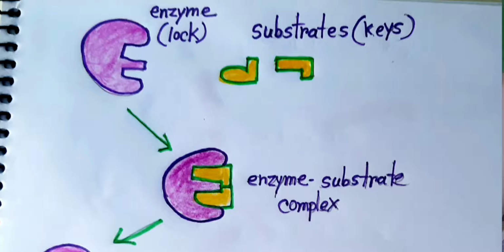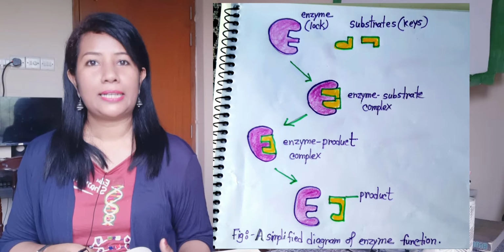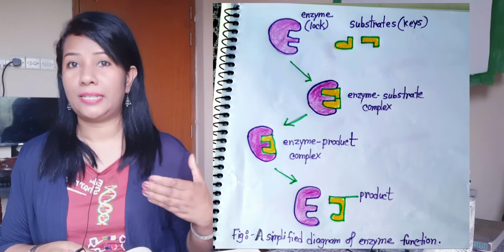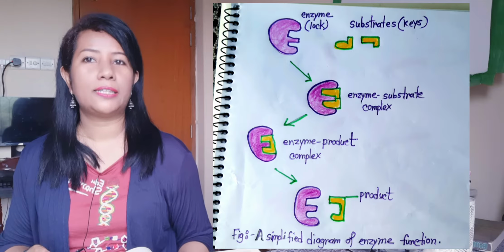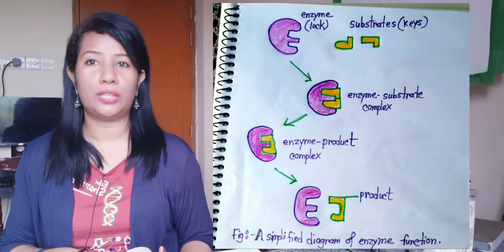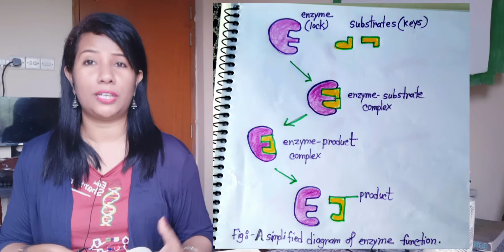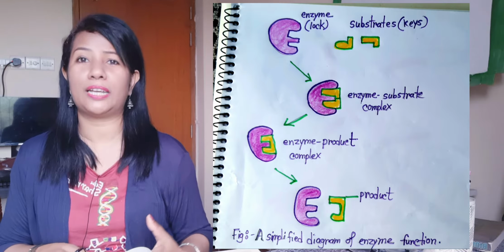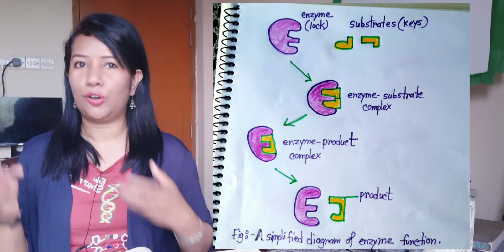Now I'm going to talk about the lock and key hypothesis. Enzyme action depends on its active site. These sites are depressions on the surface of an enzyme molecule into which the substrate molecule can fit, just like a lock and key.